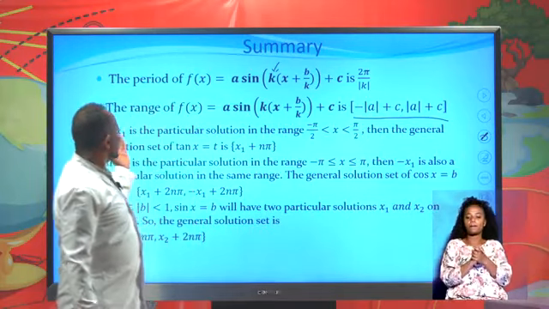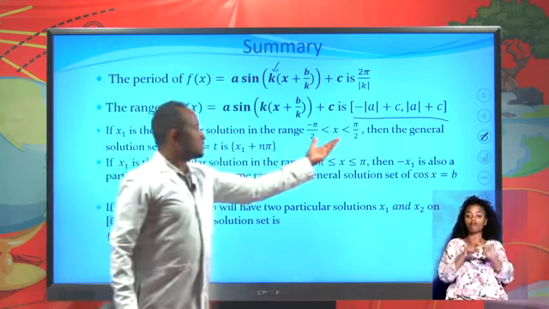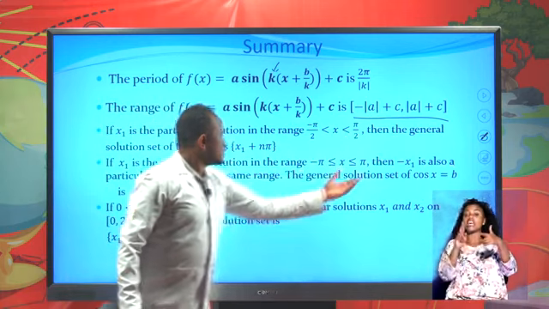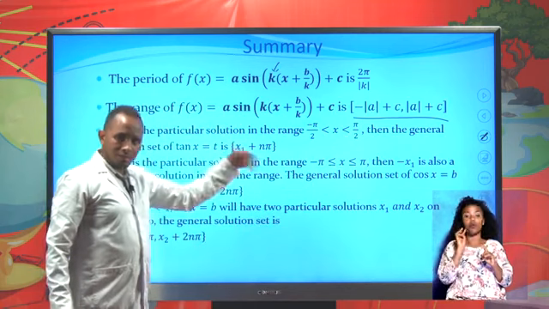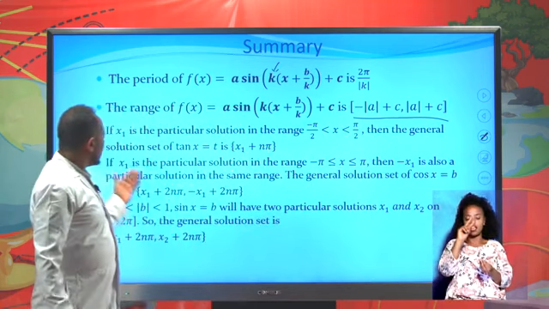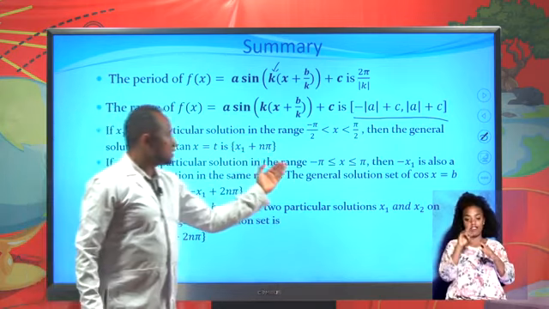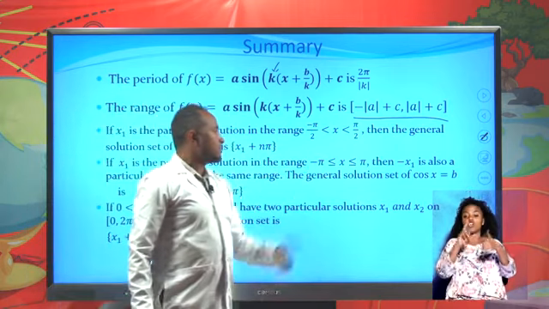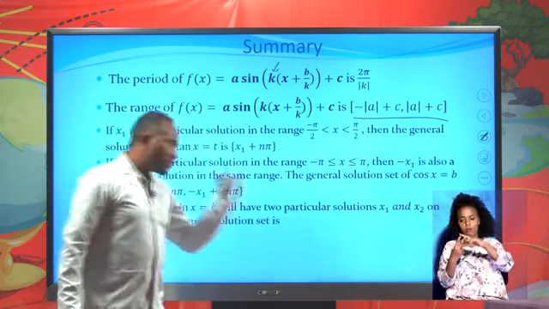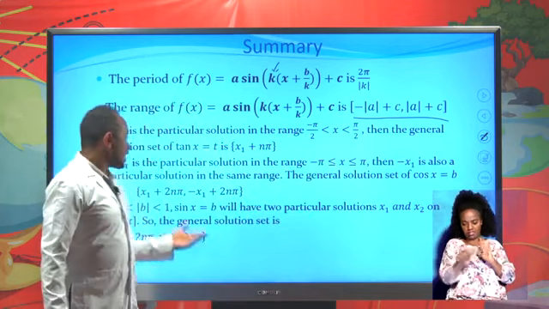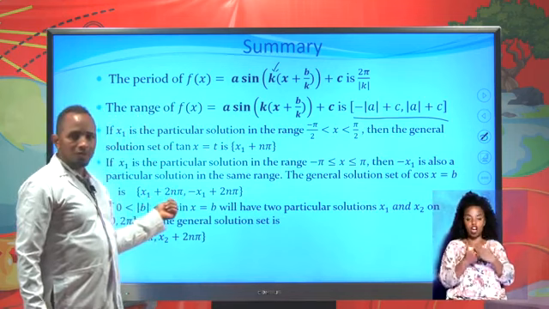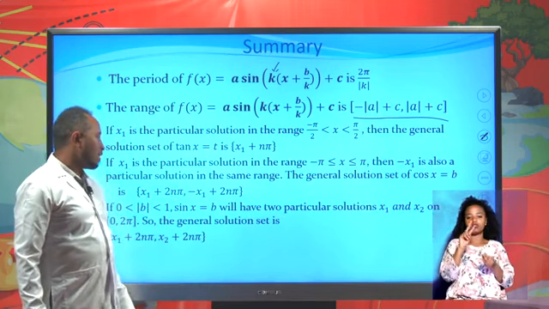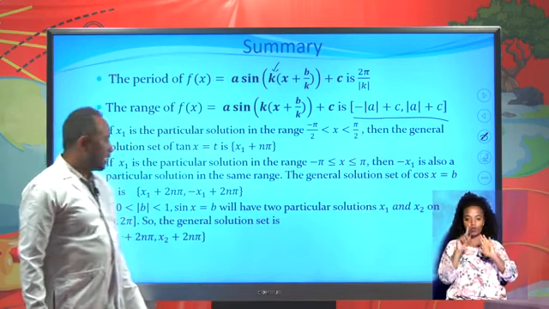And if x1 is a particular solution on this range, then the general solution for the tangent function will be x1 plus a multiple of n pi. If x1 is a particular solution in the range negative pi up to pi, then minus x1 is also a particular solution for the cosine function, and the general solution will be x1 plus 2n pi, minus x1 plus 2n pi.